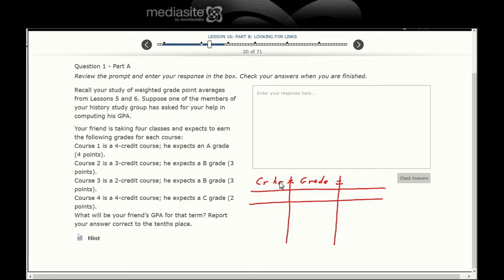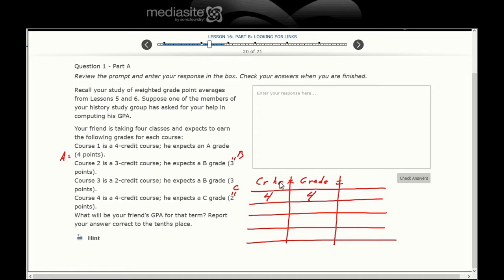Of course, an A is worth 4 points. B's are 3 points. C's are 2 points. D's are 1, and F's are zeros. So my first class is a 4-credit class. I got an A in that, so that grade is going to be worth 4 credits at 4 points towards GPA.